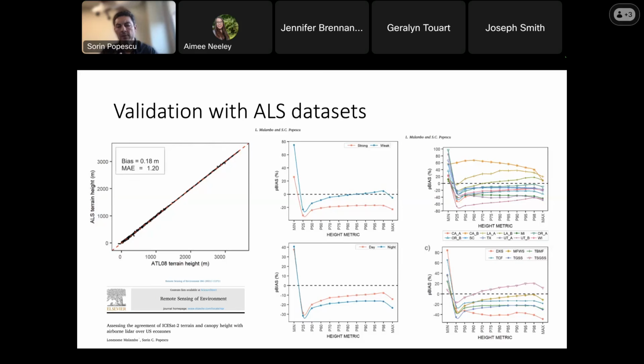So those graphs to the right show you the relationship between, for example, percent bias for height metrics for strong and weak beam. And the height metrics I refer to here are those percentiles that I mentioned earlier that are present in the ATL08 product.